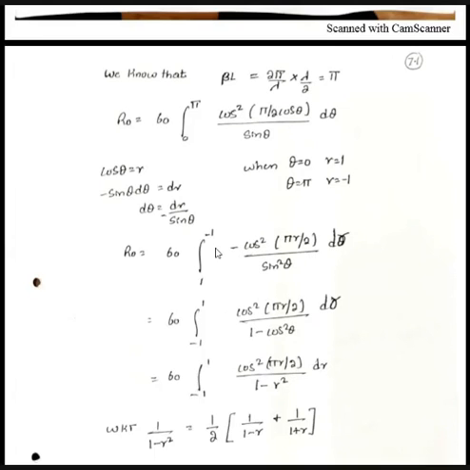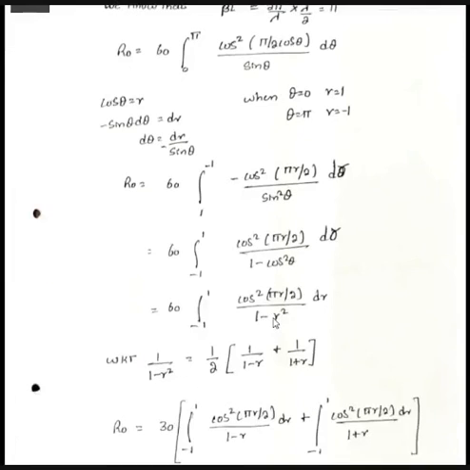If you have the negative, you get the positive when you interchange the limits. So you'll have cos squared (pi r by 2) divided by 1 minus cos squared theta, that is, divided by sin squared theta.